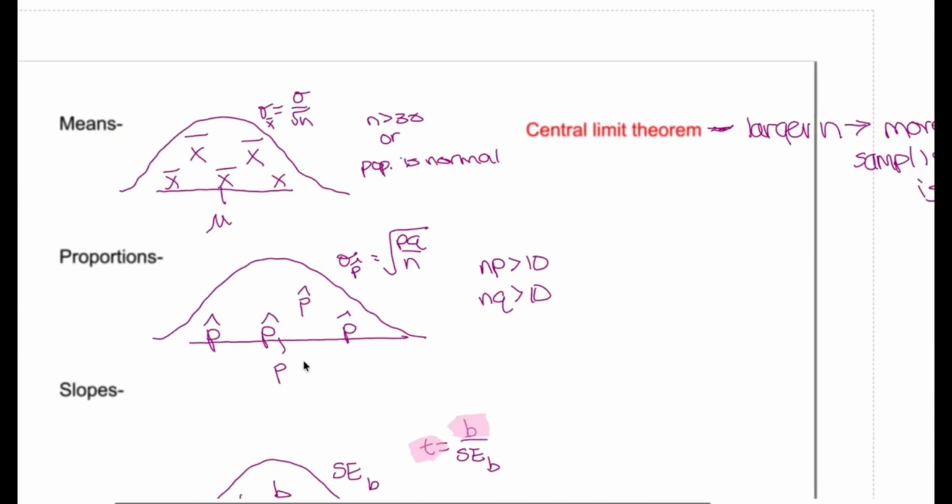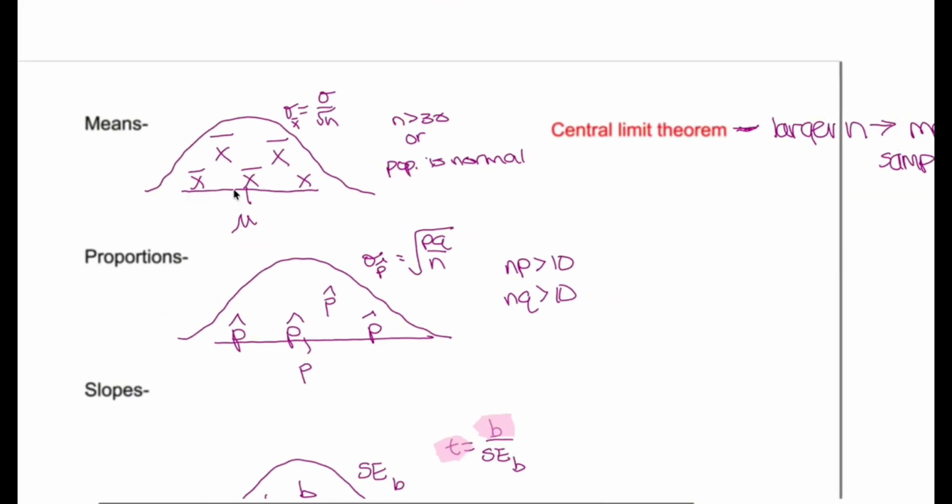And for means, here is a rough drawing of what a sampling distribution for means looks like. In the middle, the sampling distribution mean is the same as the mean for the population, but the difference is this normal curve is made up of a bunch of x bars, so a bunch of sample means. The standard deviation is the standard deviation of the population divided by the square root of the sample size.